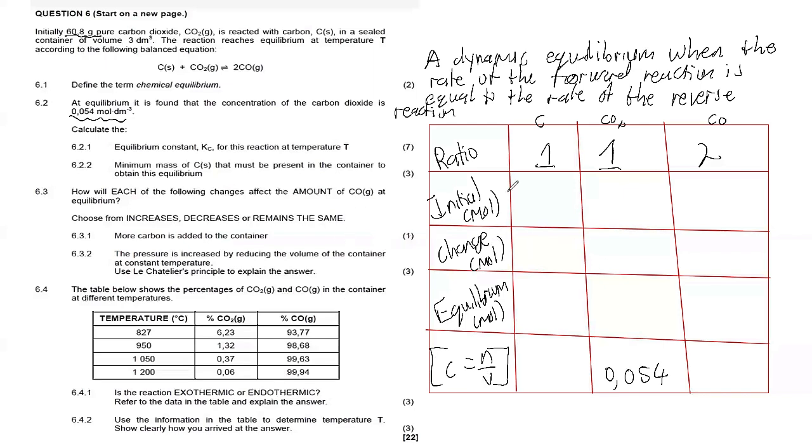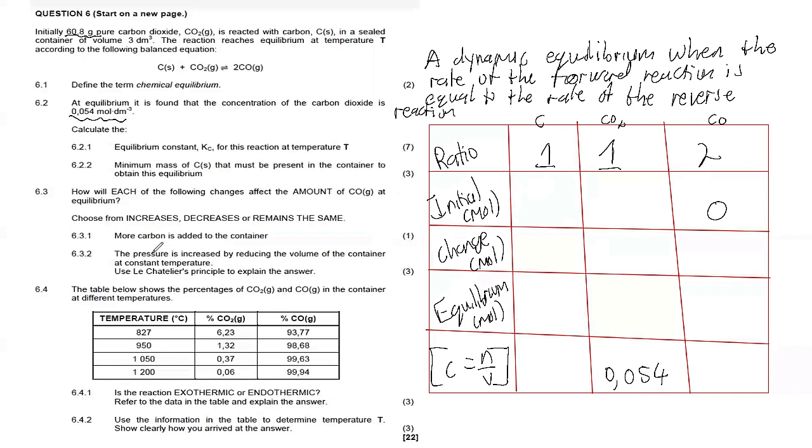Remember that initially they only sealed the reactant into the reaction vessel. So the concentration of your carbon monoxide at the beginning of the reaction is 0, because that is the product, and the products are not formed yet.